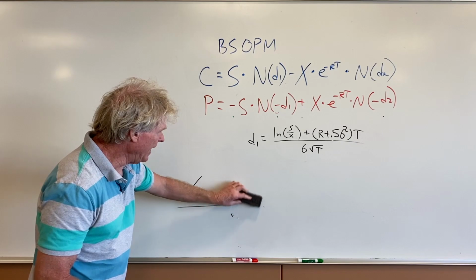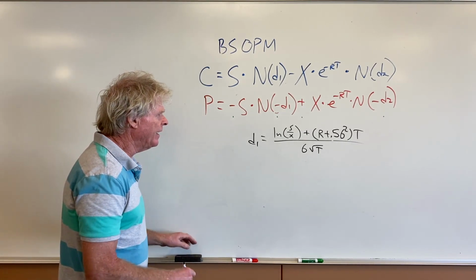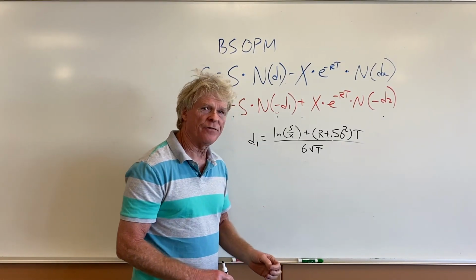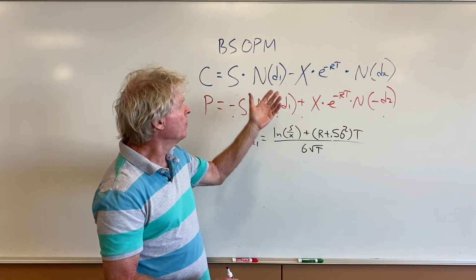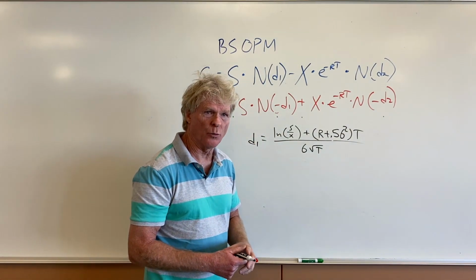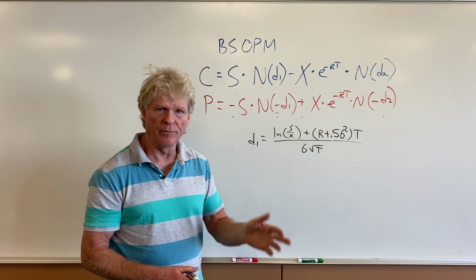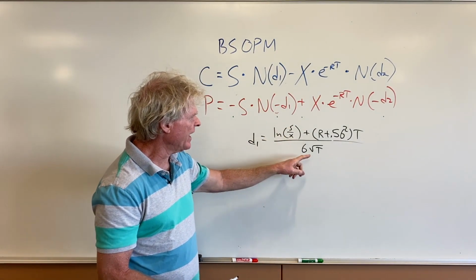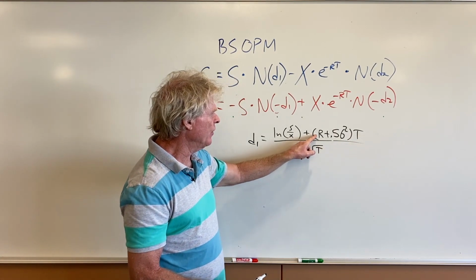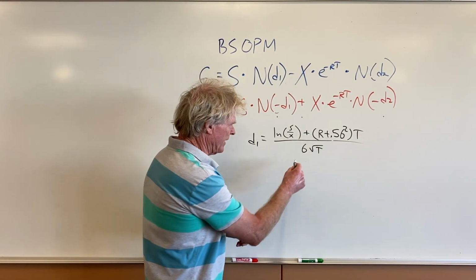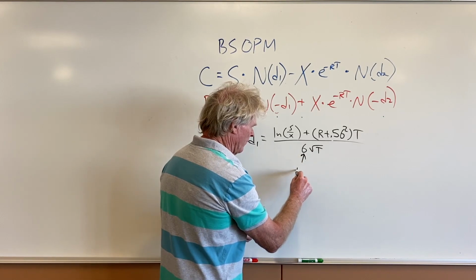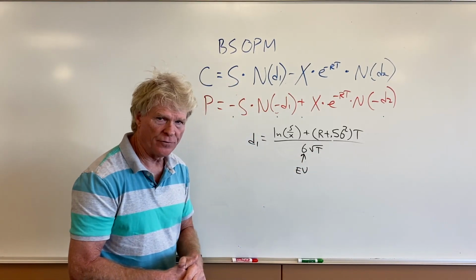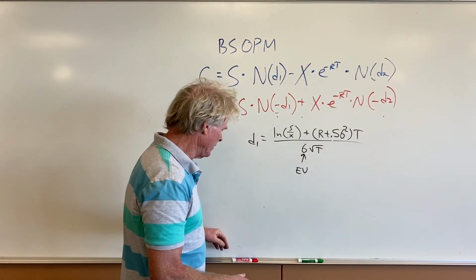Okay? And now, as we look at this, we can see that each and every one of the factors that the Black-Scholes option pricing model says are relevant in determining equilibrium option prices appear here. There's S, there's X, there's T, there's R, and there is sigma. Again, that sigma is the equivalent of what I refer to frequently as EV, expected volatility.